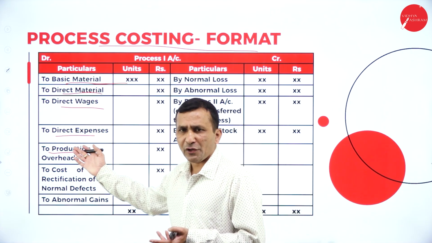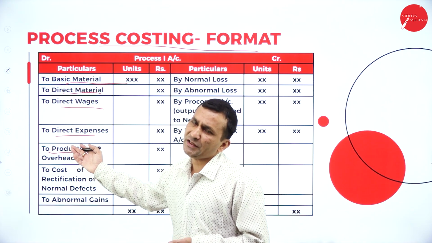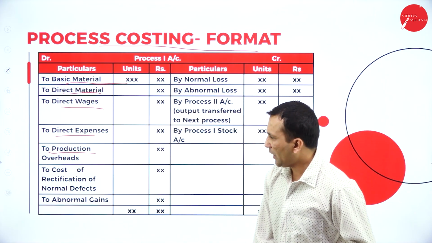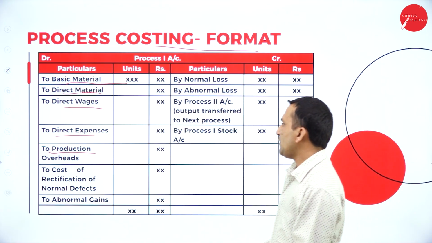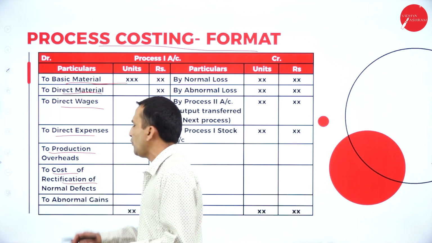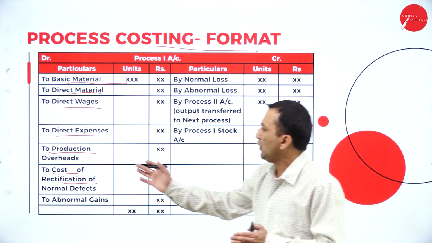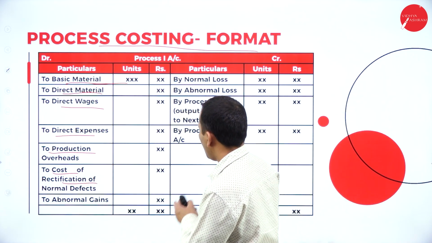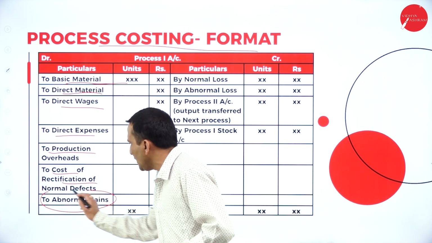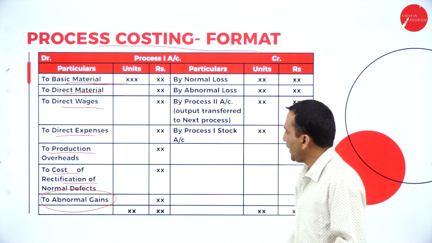Whatever production expenditure you are bearing, you write the amount. And the cost of rectification of normal defect, if specified, you take here. Now this is nothing but your balancing figure, I will tell you in the coming.